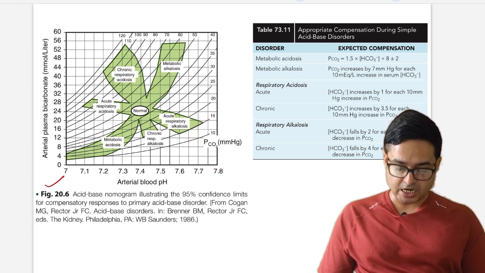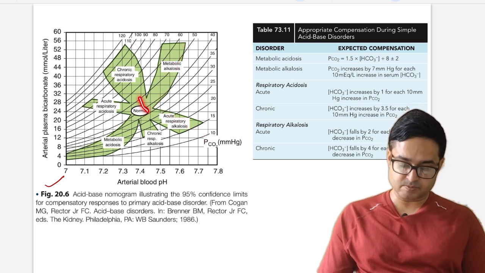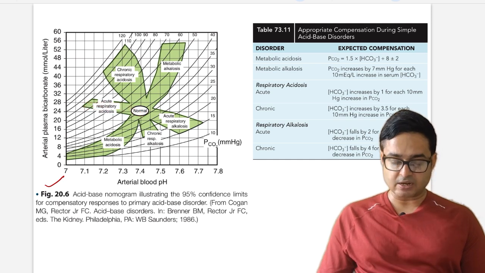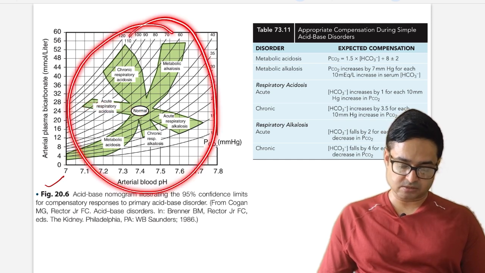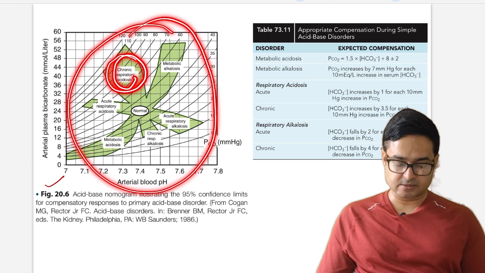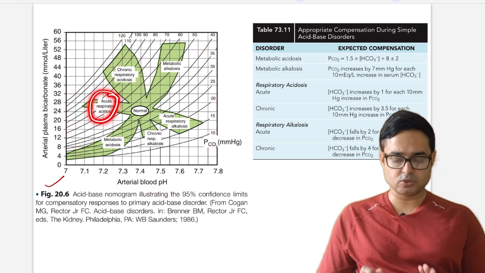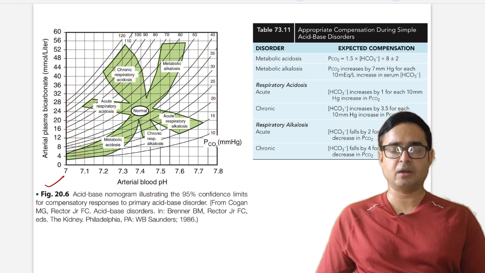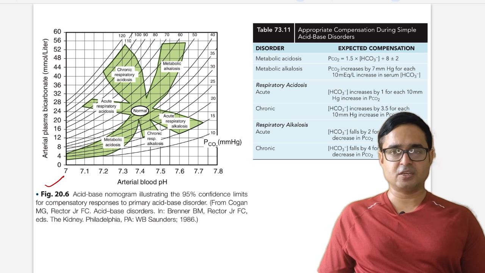So this is actually normal, and in this limb metabolic acidosis, chronic respiratory acidosis, acute respiratory acidosis, metabolic alkalosis, chronic respiratory alkalosis, and acute respiratory alkalosis. Okay, so this diagram can be given and they can ask what this is, this chronic respiratory acidosis. So just remember this diagram. This is simple, no mathematics is used.